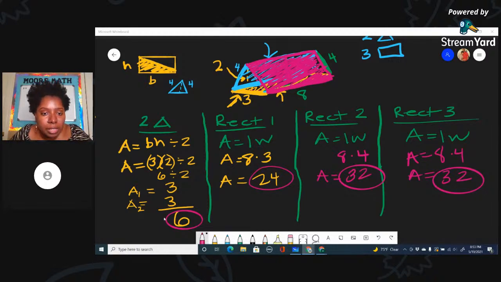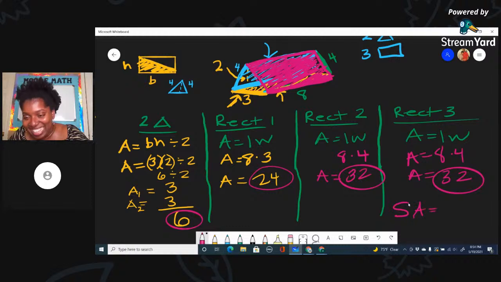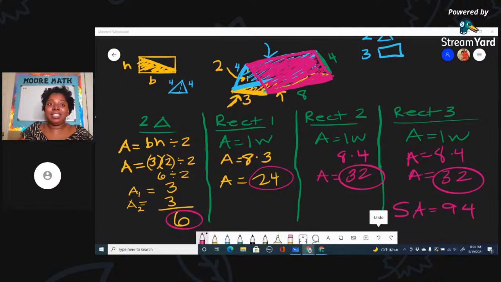Okay, so that's 68 plus 30. You said 94? Oh, I'm sorry. Yes, I'm adding wrong. Just checking. You were right. Okay, so surface area is 94. Okay, awesome. Good. So that was great.